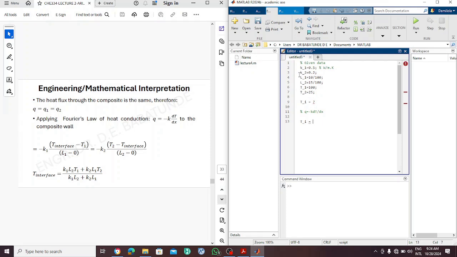Ti equals K1 multiplied by L2 multiplied by T1. Okay.